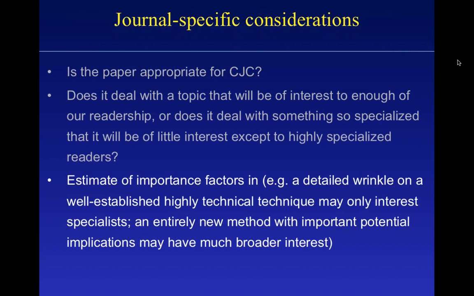Now, one difficulty in thinking about this is that it's not as black or white as it might seem on the surface, because certain papers, although they deal with specialized material, are of such importance that they will be of interest to a much broader audience.